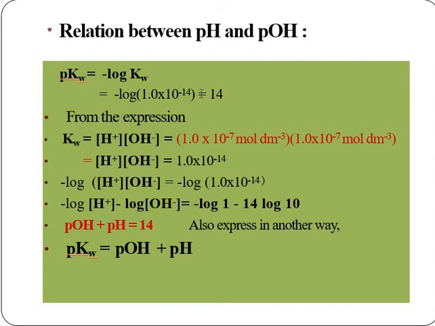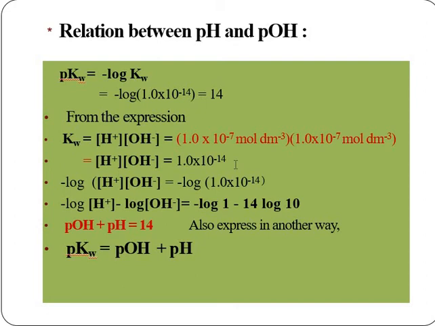If we solve this bracket, you will get the value of pKw. And again, from this equation, we can write the concentration of H plus ions into the concentration of OH minus ions is equal to 1 into 10 raised to minus 14.